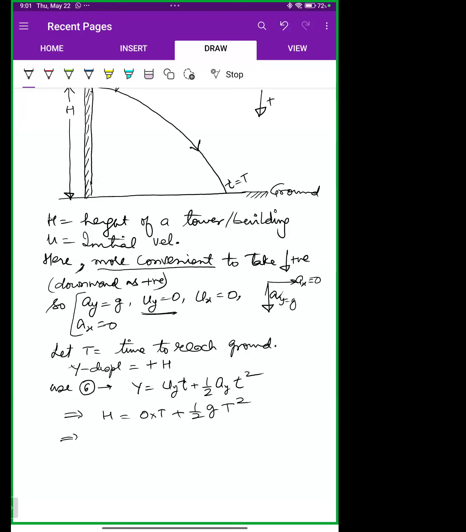So h is equal to g T square by 2 and T is equal to root 2h upon g.